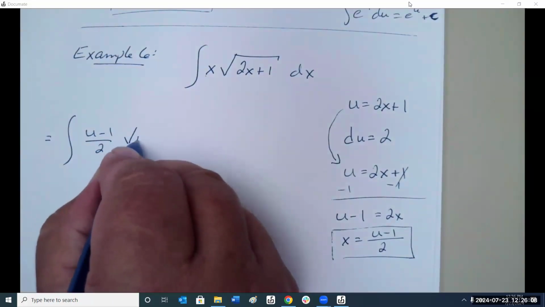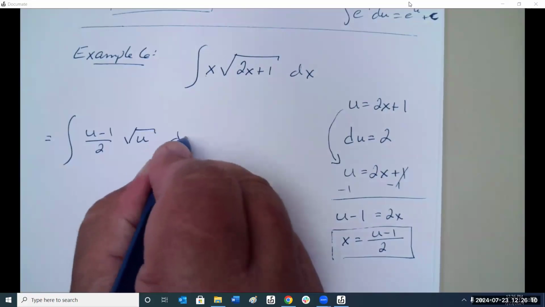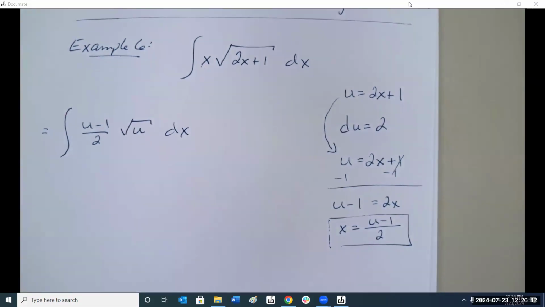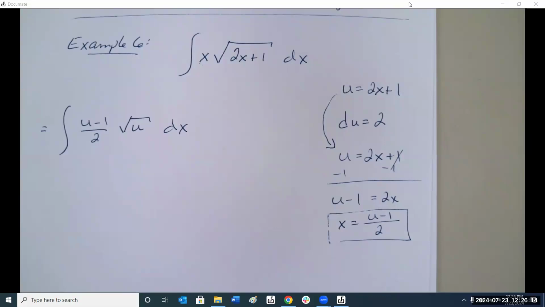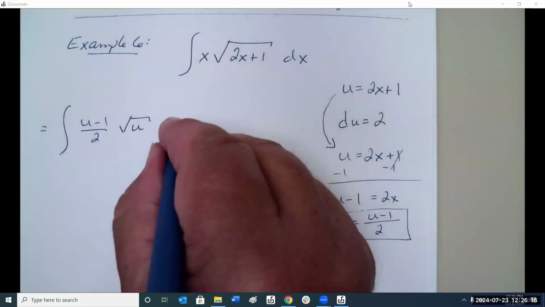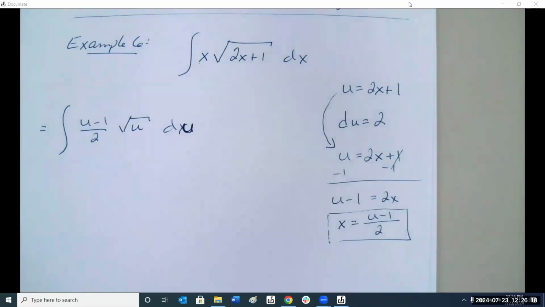Then we have the square root of u dx. Or actually, it has to be du now, replacing that with whatever x is. Yes, because we're taking the integral with u now.